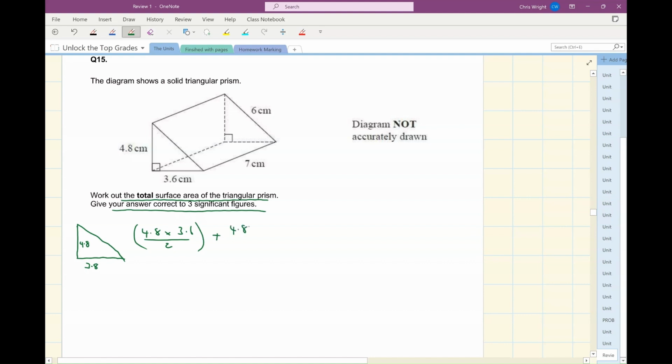So actually, I might as well on my calculator just do 4.8 times 3.6, rather than halving it and doubling it. So that gives me 432 over 25. So that's the 2 ends done. Now I've got a bottom. I've got a rectangle on the bottom.